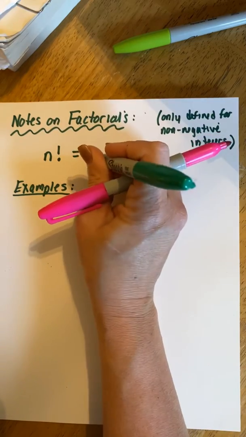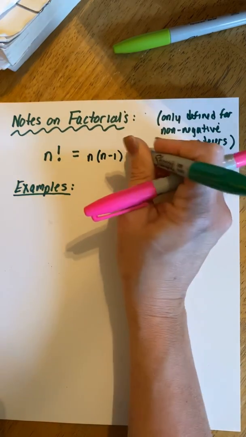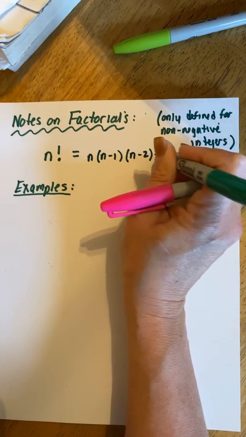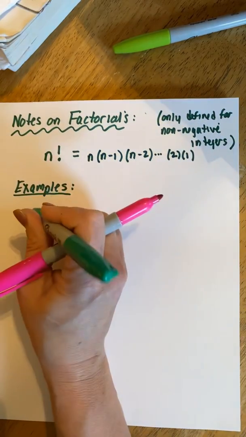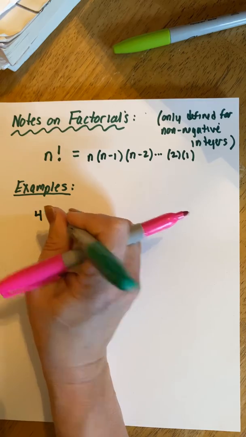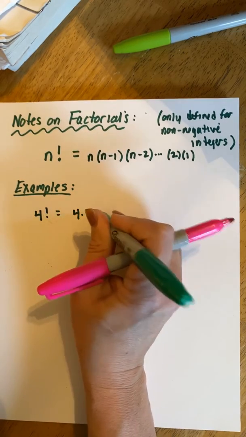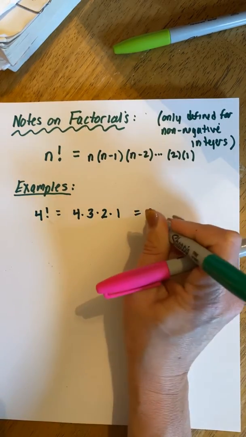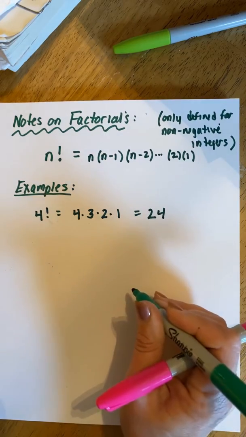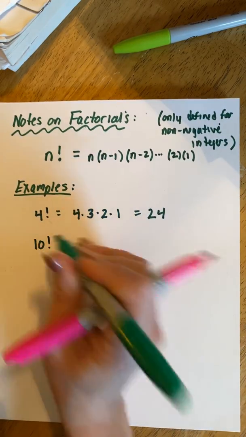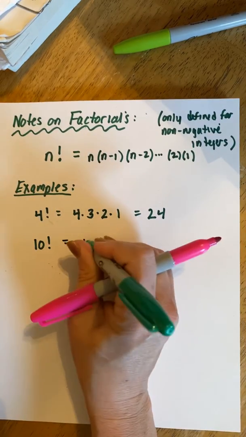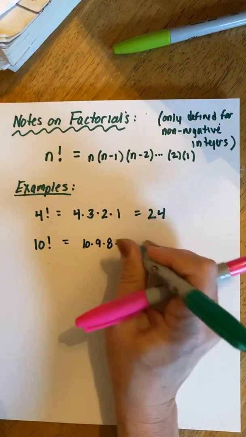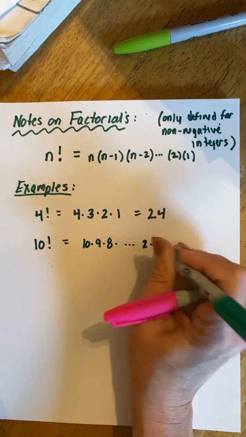It is that number times the previous integer times the previous integer, and you keep going all the way down till you're at 2 and 1. So for example, 4 factorial by definition is 4 times 3 times 2 times 1, which is 24. Well, 10 factorial gets really big really quick, because that's 10 times 9 times 8 times 7, all the way times 2 times 1.